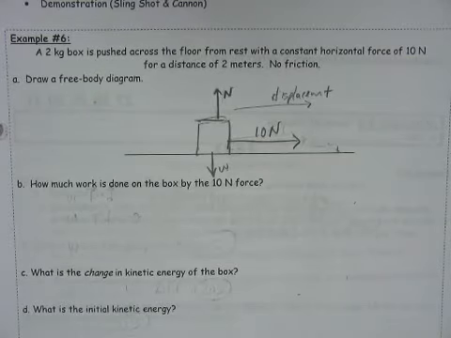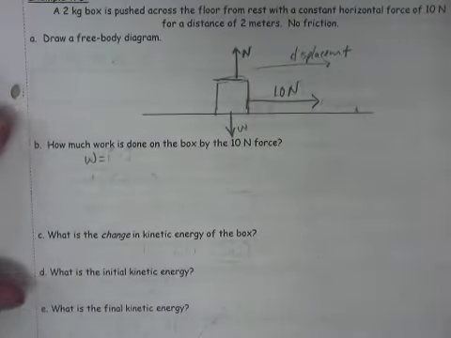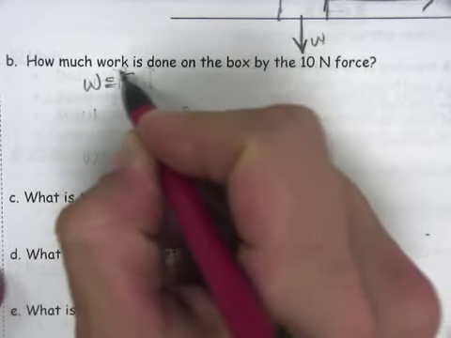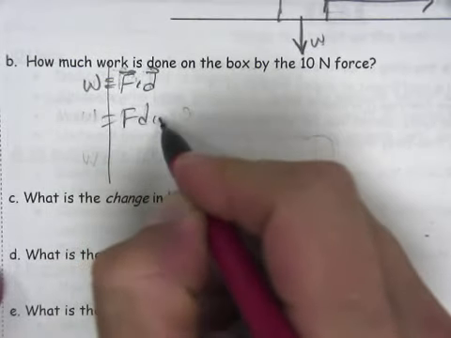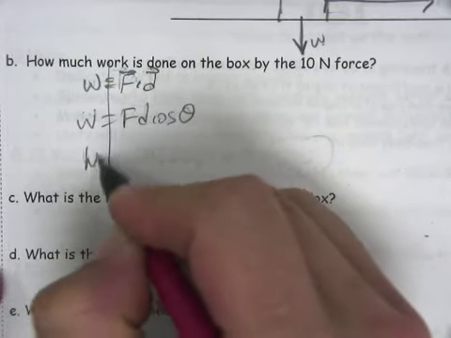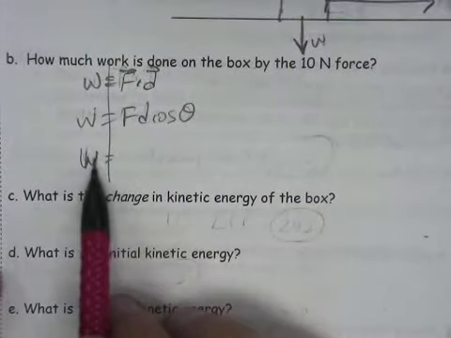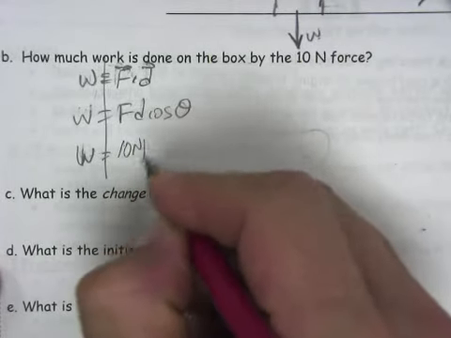All right, so part B says, how much work is done on the box by the 10 Newton force? Well, we know that work is equal to force times distance times cosine theta, or F dot D. And if we want the work done by this 10 Newton force, then I have to plug 10 newtons in as the force.